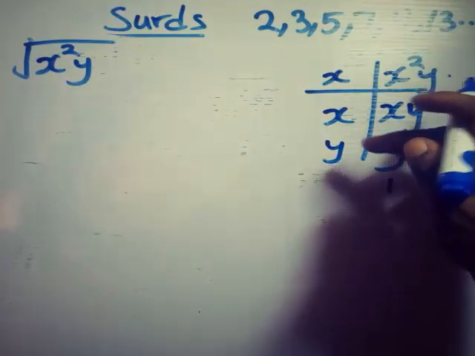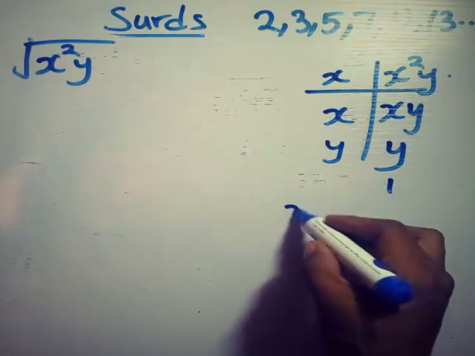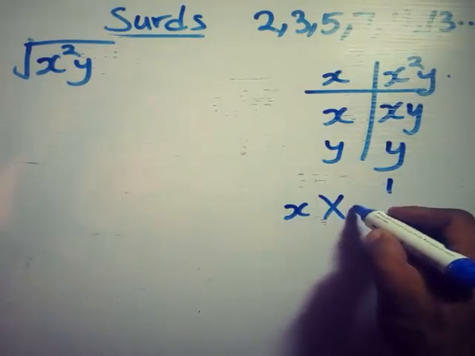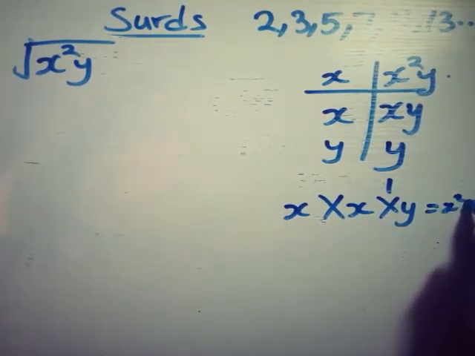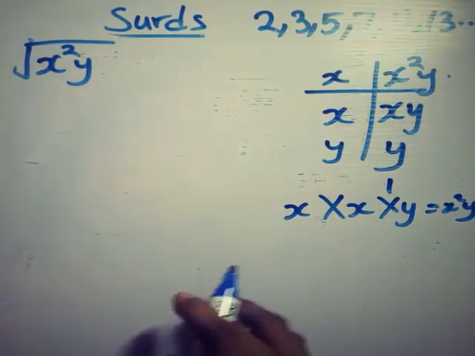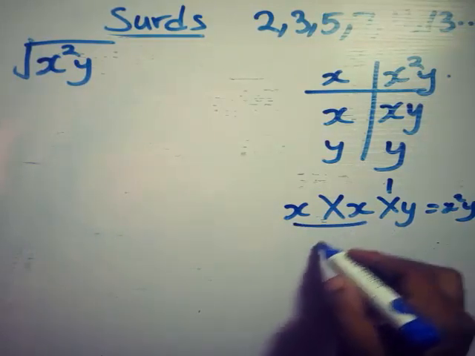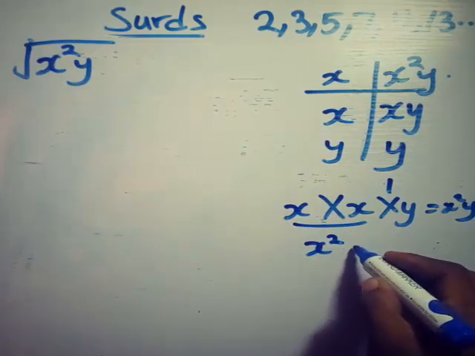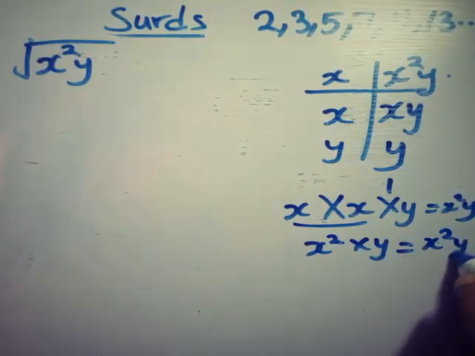So the factors of x squared y are x times x times y to give me x squared y. So in this situation, my perfect square and the remaining factor will be a combination of these two, x squared times y, to give me x squared y.